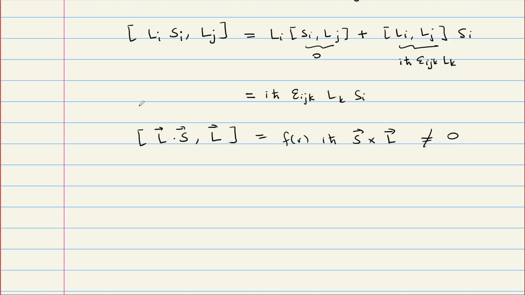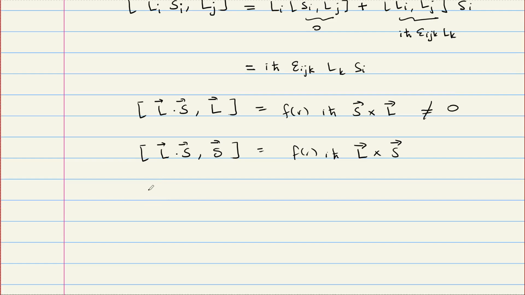Similarly, you can also look at this with S, and it is going to give you f of r i hbar L cross S. Exactly the same calculation, just L and S are replaced. But we need to find something that commutes. I think we are remembering the addition of angular momentum chapter.